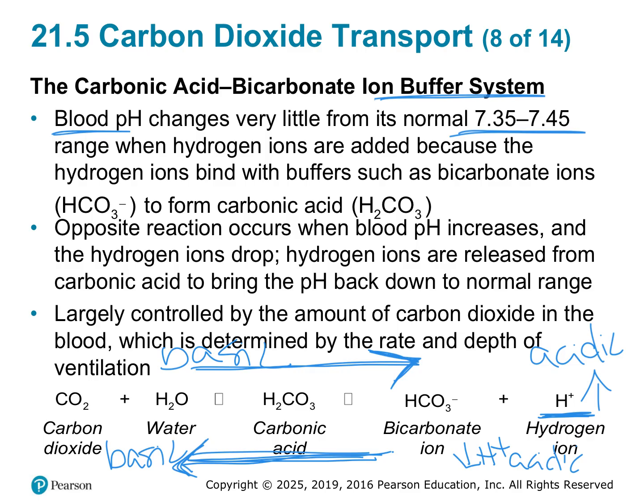So if you have changes occurring where the blood is becoming a little bit too acidic or a little bit too basic, we can alter the direction that this reaction is occurring in to intentionally impact the amount of hydrogen ion in solution to either make it more or less acidic based on whatever way the pH is changing.